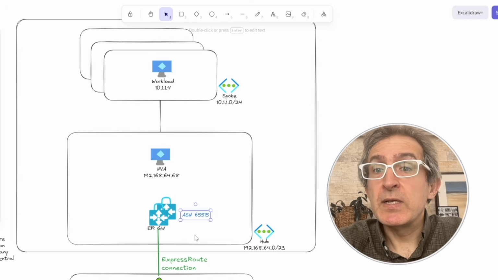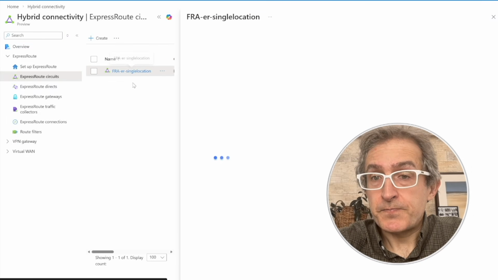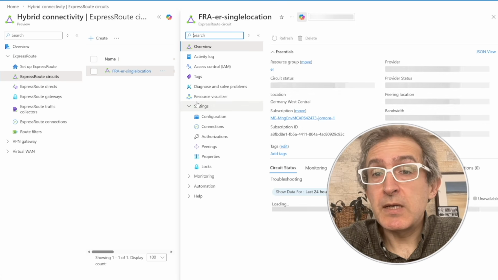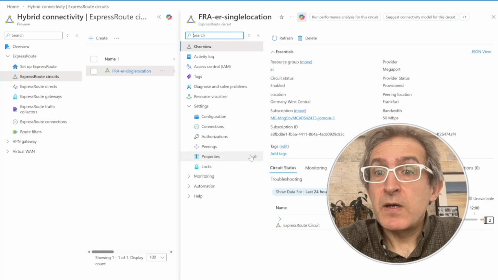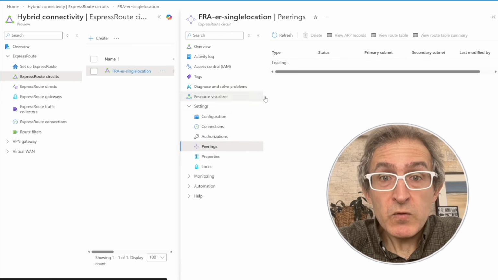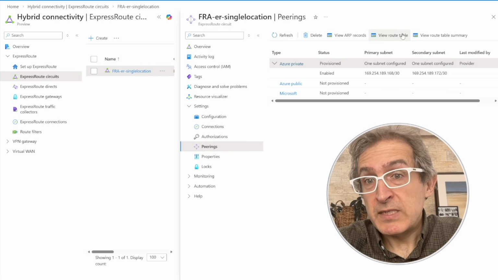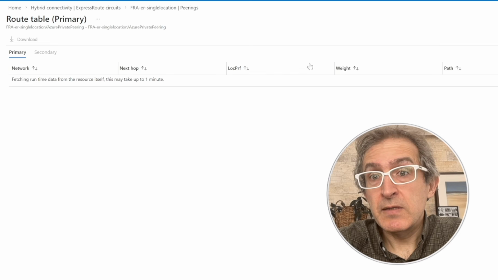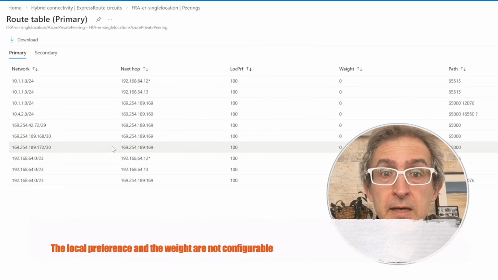You can see this as well if you inspect the neighbors and the route table, or actually the BGP table in the circuit, in the MSCEs. If we start with the BGP routes, we will see now routes coming from the gateway, which again is 65515. That's how you can identify these routes, looking at the AS path.